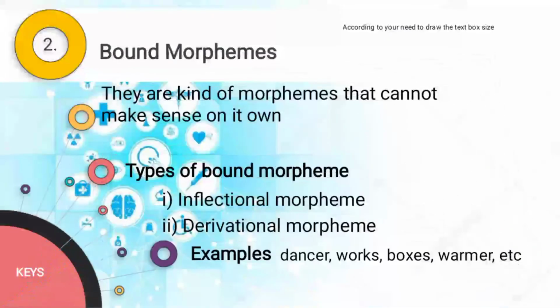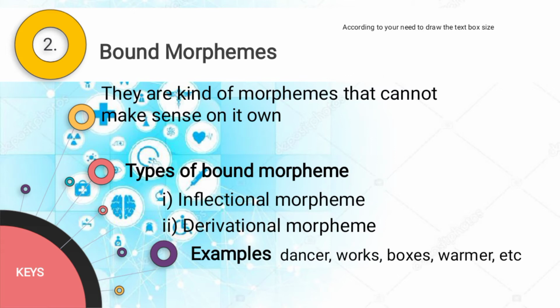We continue with bound morphemes. They are a kind of morpheme that cannot make sense on its own. Since they cannot stand and make meaning on their own, bound morphemes are attached to free morphemes for them to make meaning.